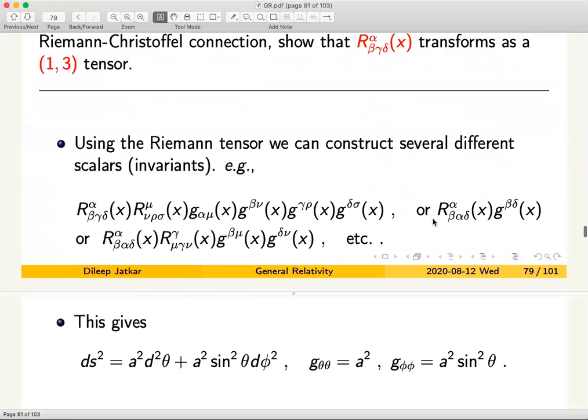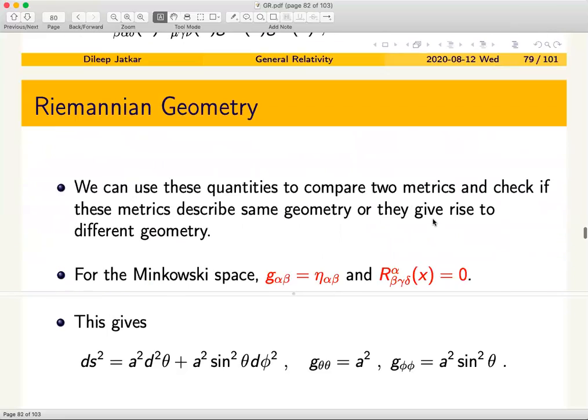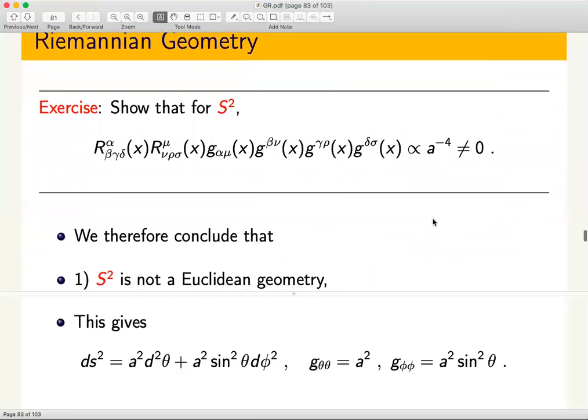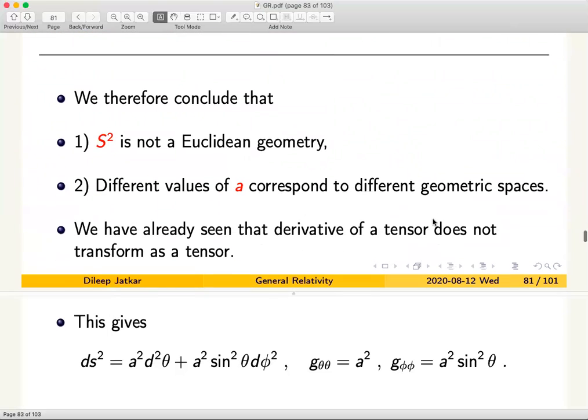So what we are going to do is define a new object called a covariant derivative. This covariant derivative is similar in spirit to the covariant derivative that you would use in, say, quantum field theory or even in quantum mechanics, where you replace partial derivatives by what are called minimal couplings, where you replace del mu by del mu minus ieA mu.